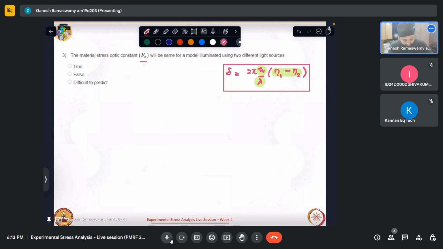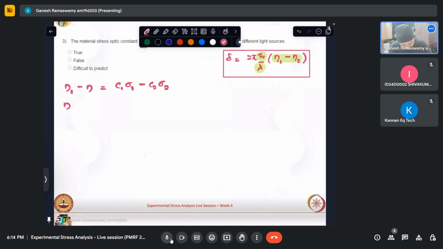Now from photoelasticity theory, N1 minus the normal isotropic refractive index N is given by C1 sigma 1 minus C2 sigma 2, and N2 minus N is given by C1 sigma 2 minus C2 sigma 1.